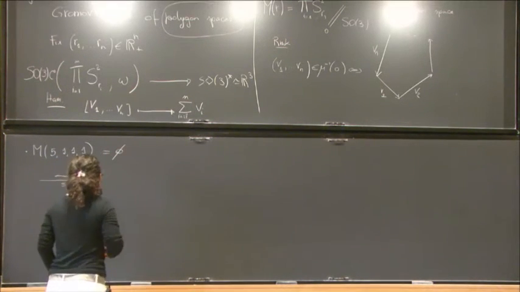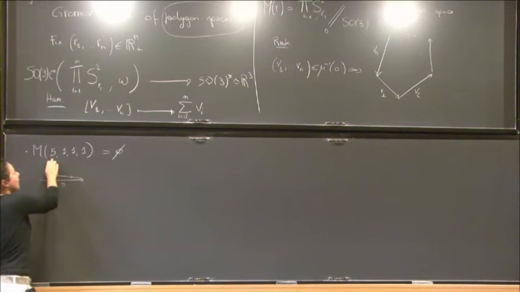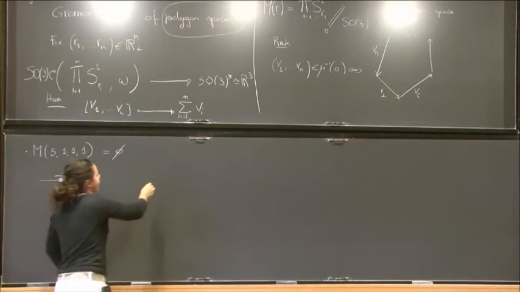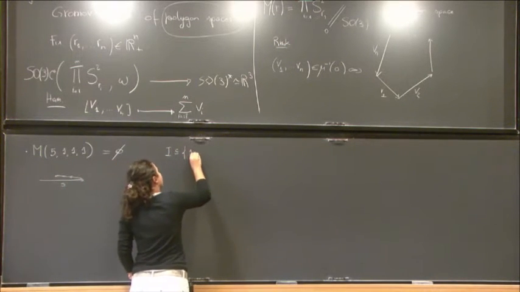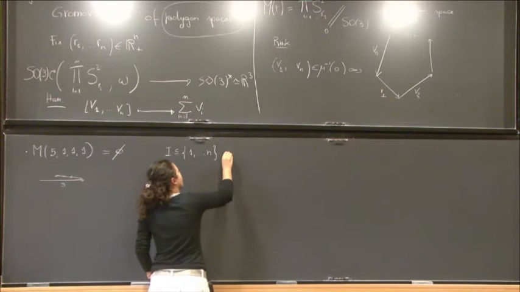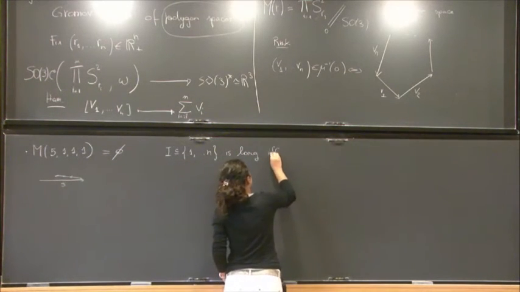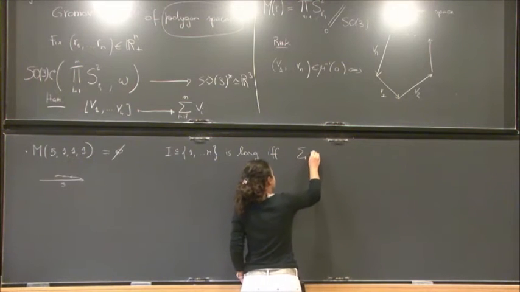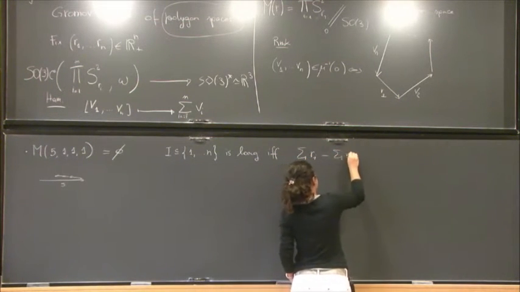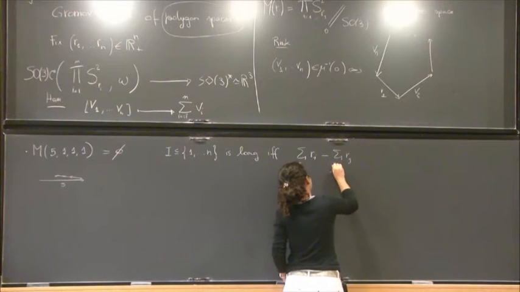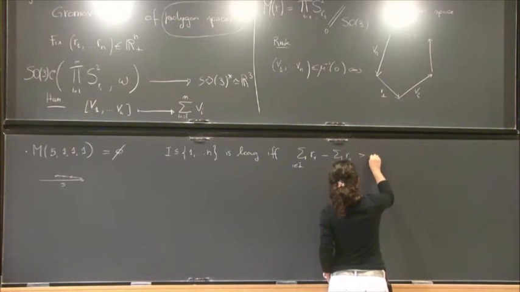And this justifies the following definition. So this will always happen when I have a long edge. So I say that an index set I in 1 through n is long if and only if the sum of the Ri for i in I minus the sum of the Rj for j in I complement is positive.